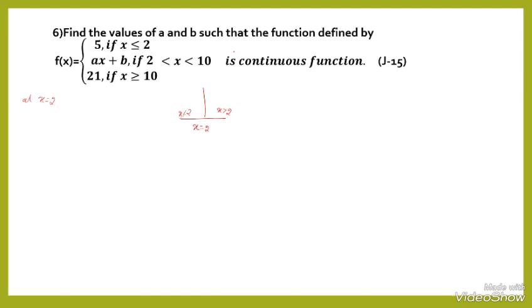Here at x is equal to 2, the value becomes 5. At x less than 2, the function is 5. Here ax plus b. Now, while observing the rough diagram, we can say at x is equal to 2, f of 2 becomes 5.